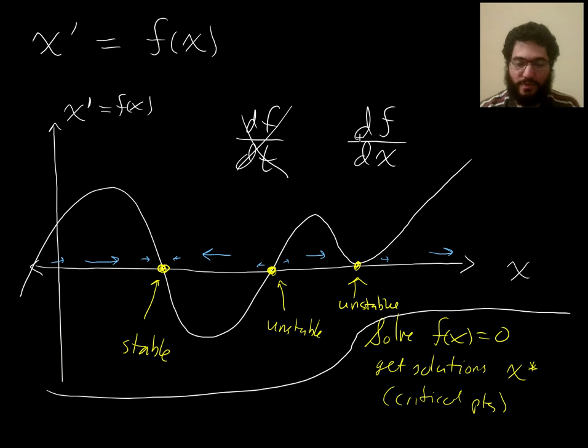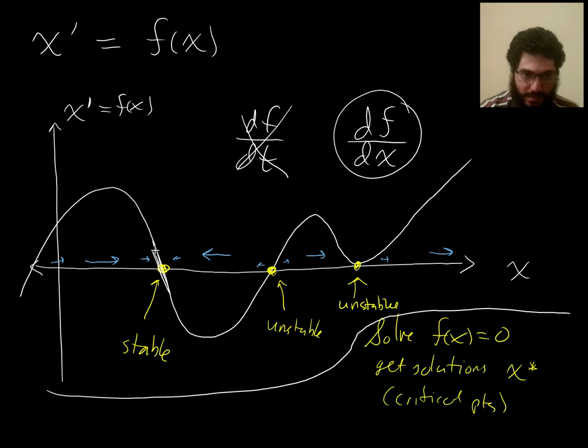So if you look at the derivative of f with respect to x and then you evaluate that at the various critical points, at each yellow dot, then seeing if it's positive or negative will tell you whether you have this kind of picture, where it's stable, this kind of picture, where it's unstable, or this kind of picture. Here the derivative of f would vanish, right?